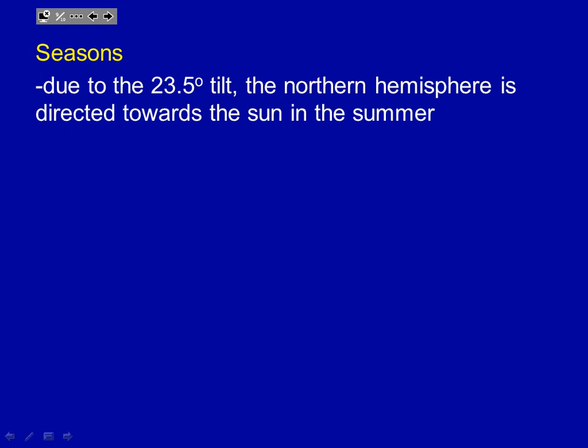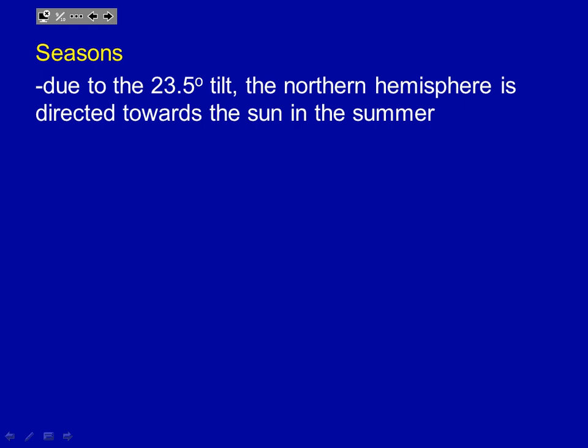So even though we're close now, the tilt of the axis has a greater effect on our weather than the fact that we're closer, we're at perigee. Yep. Because 6 months from now, well, December the 21st, whatever it was, then we will be pointed towards the sun and they will be pointed away.